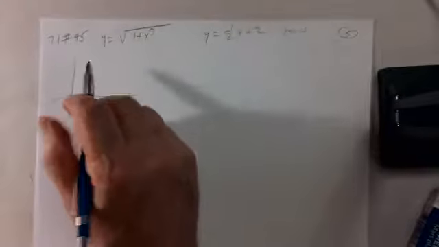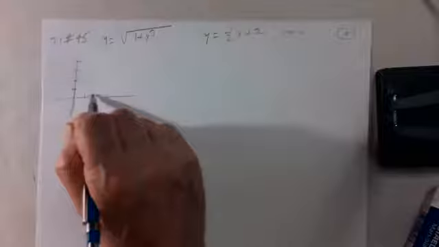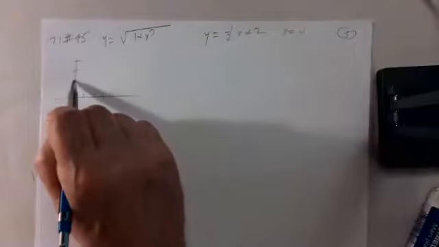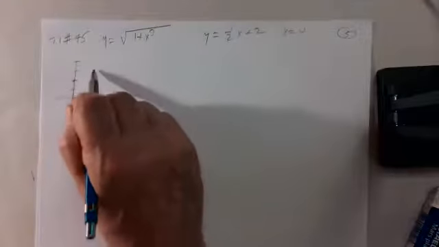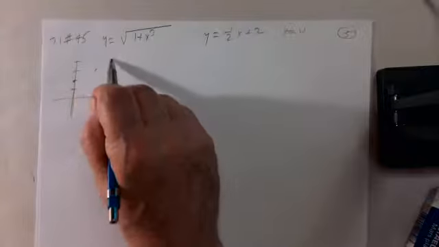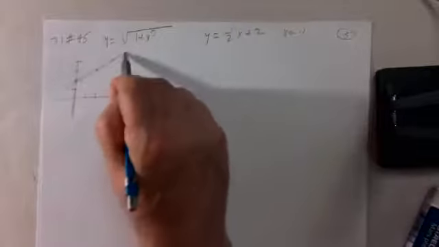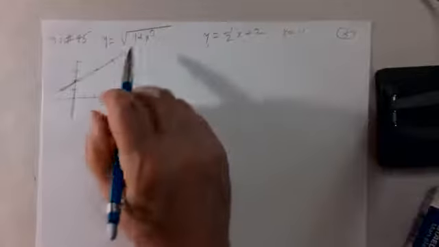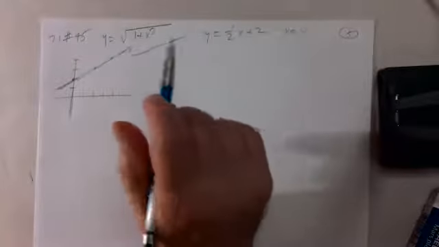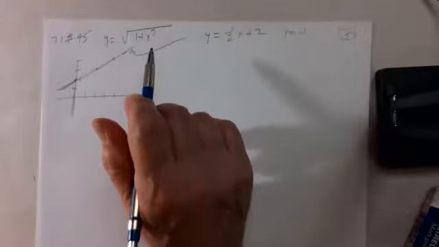The line y equals 1/2 x plus 2 is a straight line with y-intercept 2, and it goes up with slope 1/2. So this is the line y equals 1/2 x plus 2.